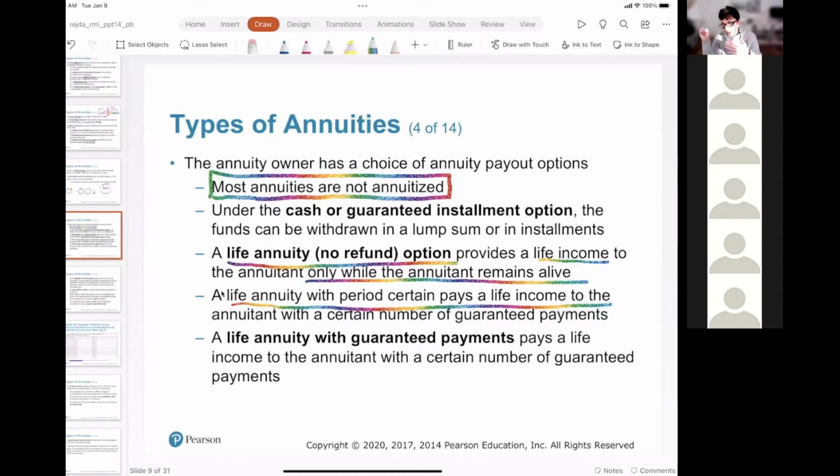But if you live more than 5 years, nobody's getting anything. And this is very similar. Life annuity with period certain pays a life income to the annuitant with a certain number of guaranteed payments, and a life annuity with guaranteed payments pays a life income to the annuitant with a certain number of guaranteed payments. These two are identical.